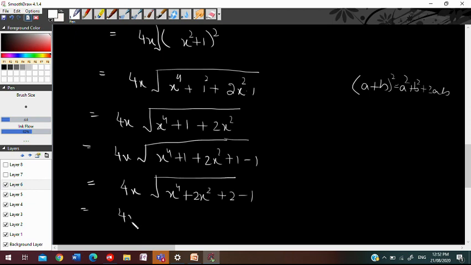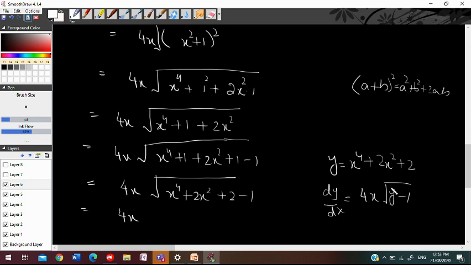Why am I doing all this? Because here I need, I will write the question over here. We have in our question y is equal to x4 plus 2x square plus 2, and we have to prove that dy by dx is equal to 4x under root y minus 1.